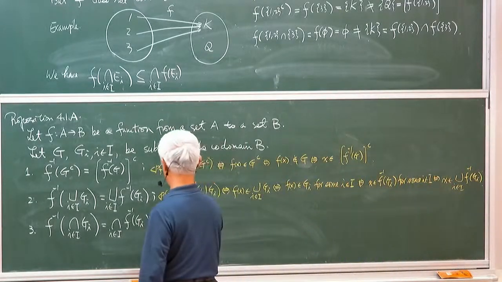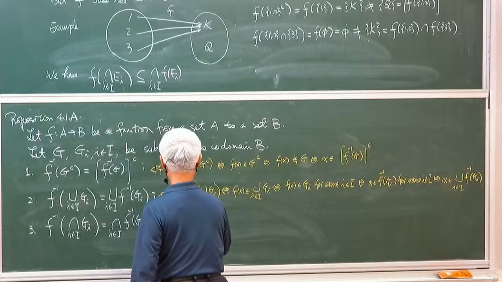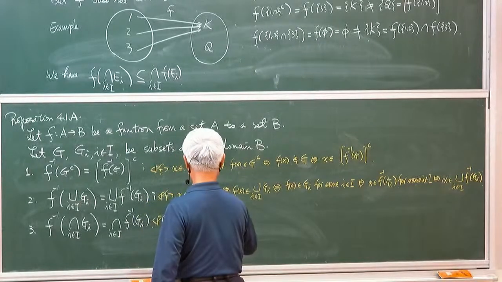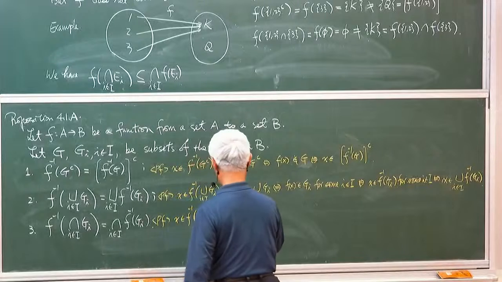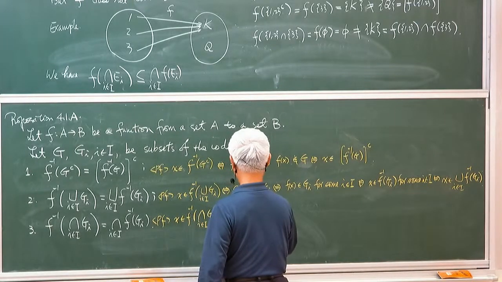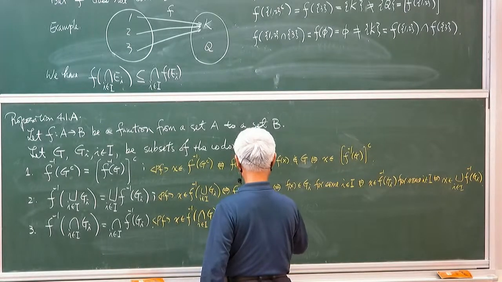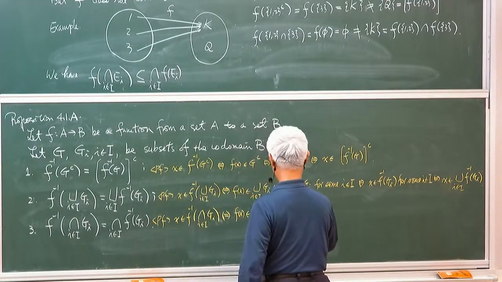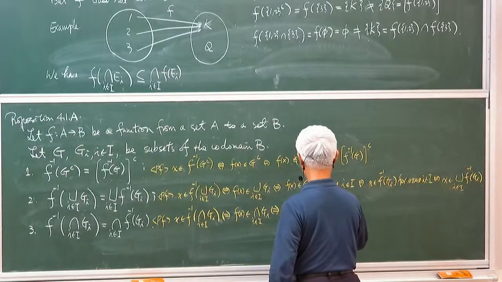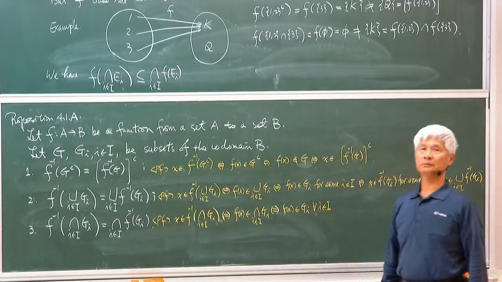Third, X is in the inverse mapping of the intersection if and only if f of X is in the intersection of GI, which means that f of X is in GI for all I in the index set.